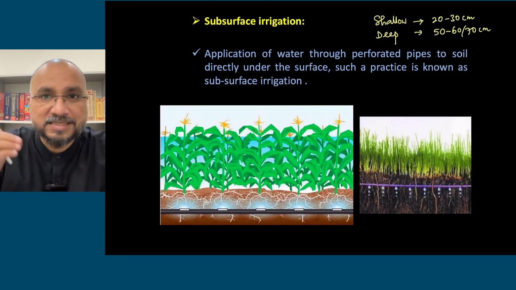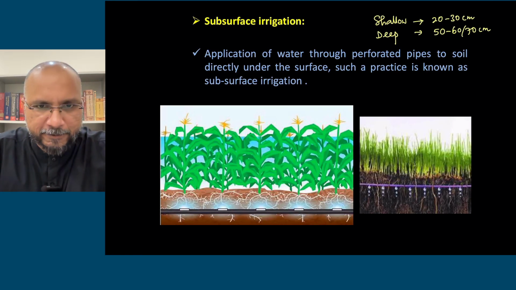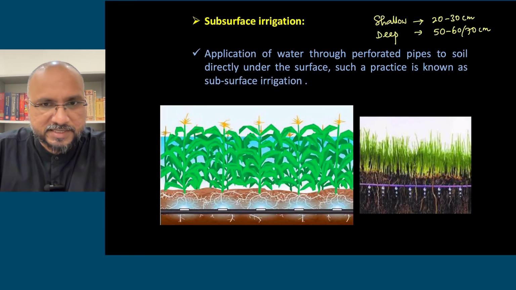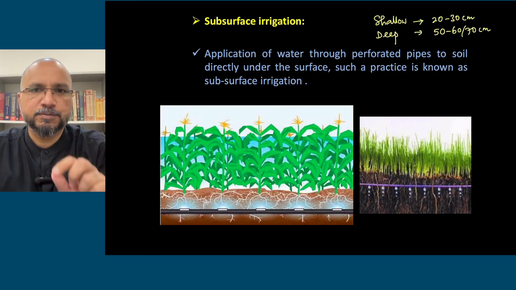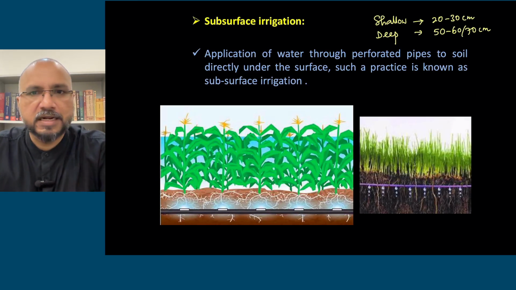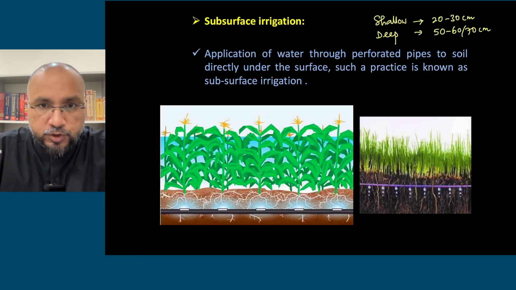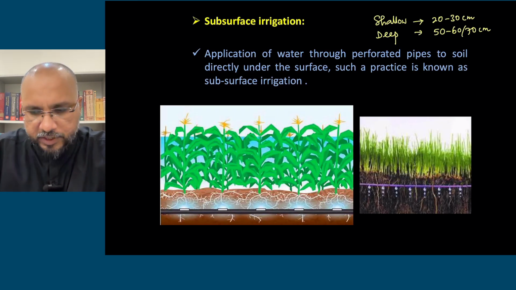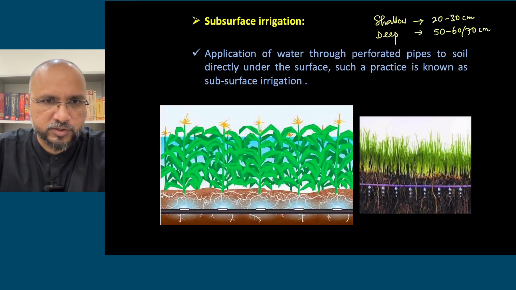So at this depth pipes are laid down, and as you can see in the diagram, from these pipes water will come out in the form of drops. So directly in the root zone we are applying the water. Water is not applied on the surface of the soil but directly in the root zone.